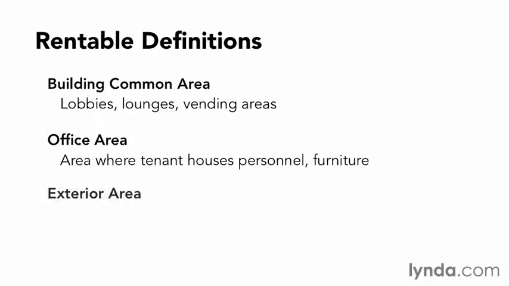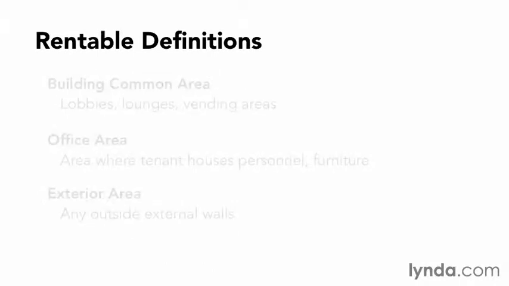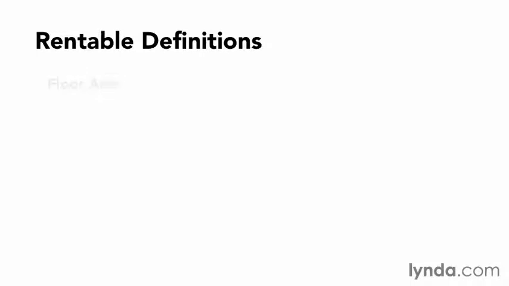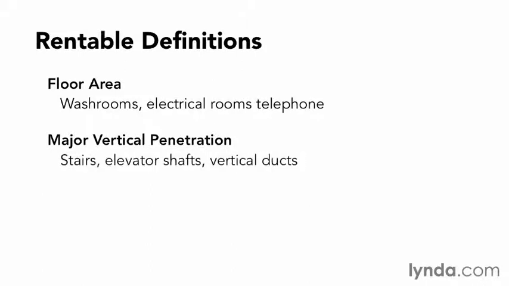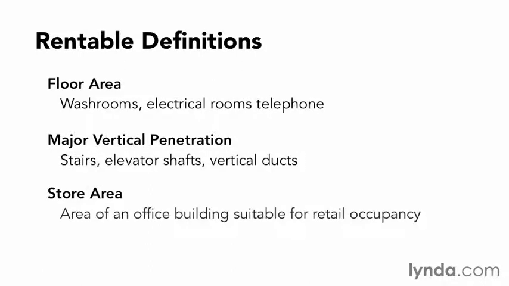There's also one for external walls, which is called exterior area. And then the last grouping here is floor area, which is for washrooms, electrical rooms, penetration areas like stairwells and elevator shafts, and then storage areas for retail occupancy. So we have a number of different definitions. Now you can mix and match these in your rentable plan.